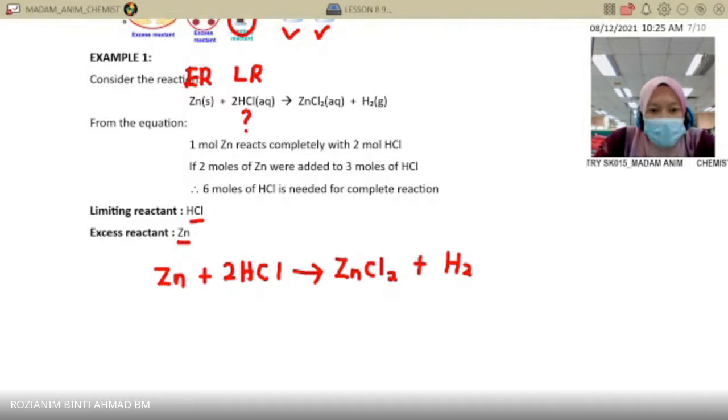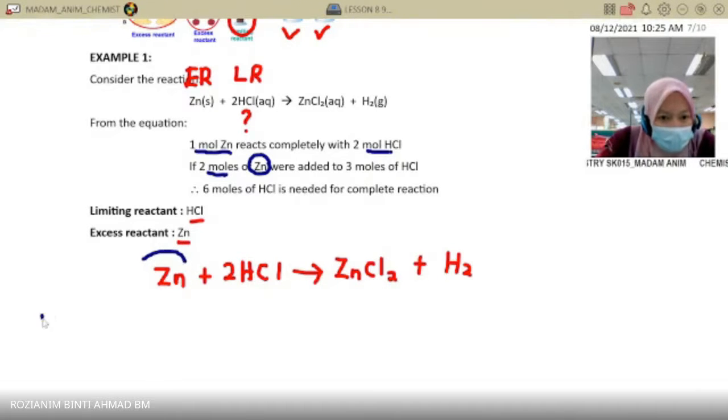Okay. And when we read the data, sekiranya nampak 1 mol zinc bertindak balas dengan 2 mol hydrochloric acid. Jika dari segi situation, zinc ini dia hanya ada 2 mol. So means requirementnya zinc mol available, mol yang kita sedia ada adalah 2 mol.